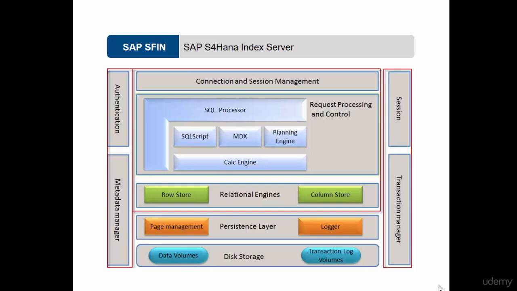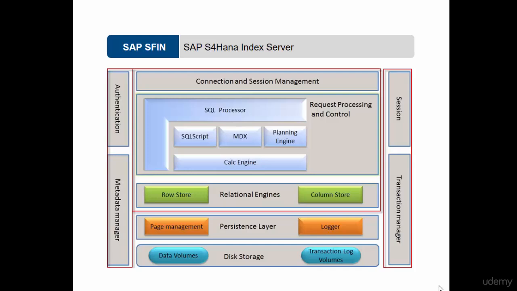SAP HANA database consists of multiple servers, and the most important component is the index server. It consists of index server, name server, statistics server, preprocessor server, and XS engine.